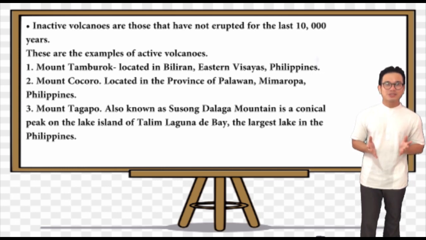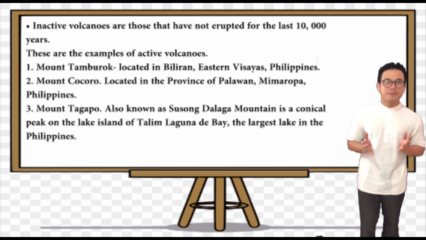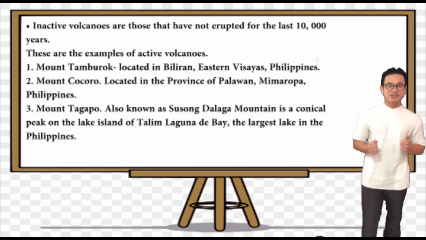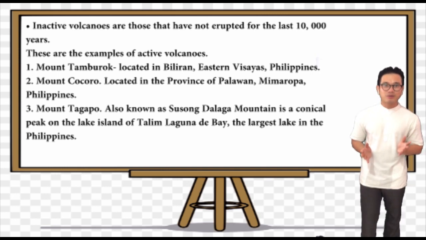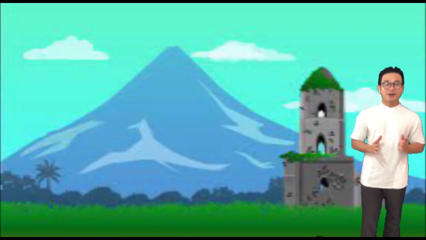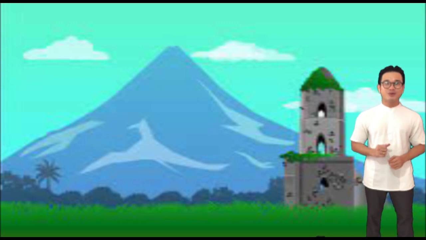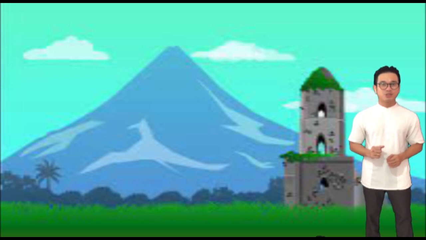Inactive volcanoes are Mount Tamburok in Biliran, Eastern Visayas, Mount Kokoro in the province of Palawan, and Mount Tagapo in Laguna de Bay. According to PHIVOLCS, our country has more than 100 volcanoes as of 2013.